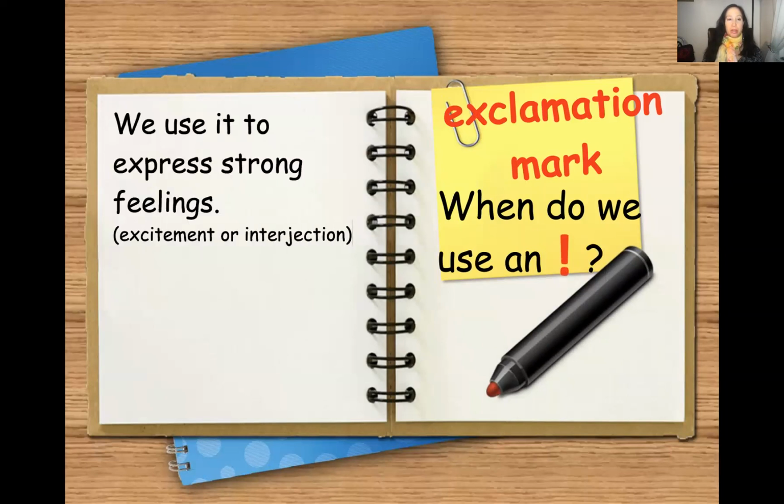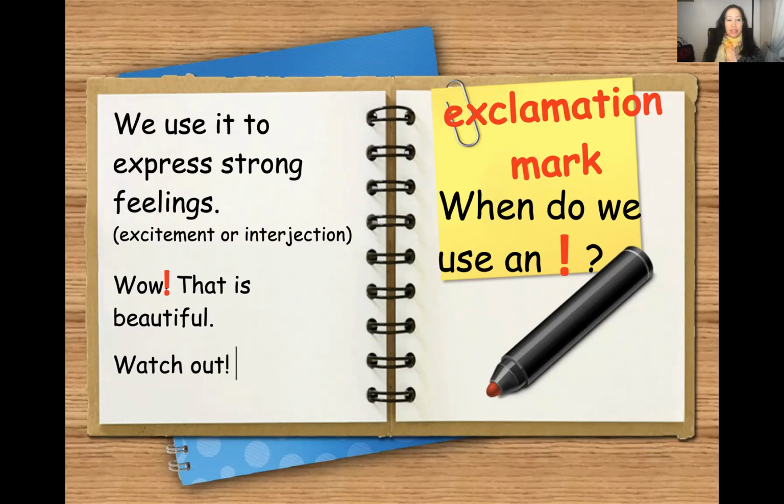We use it to express strong feelings, excitement, or interjection. An example of excitement is, wow, that is beautiful. Okay, you notice the excitement? Wow, that is beautiful. An interjection is, watch out, the car is coming fast.